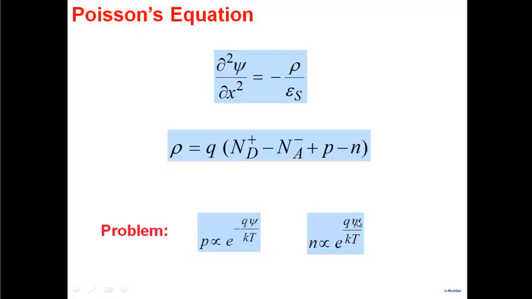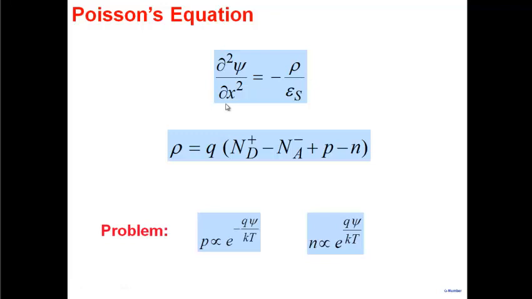On the N side of the junction, the charge is Nd minus n, and n goes as e to the power q psi by kT. So my Poisson equation has psi on the right-hand side with an exponential, and that makes the solution of Poisson's equation difficult.